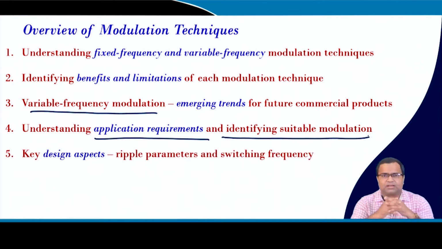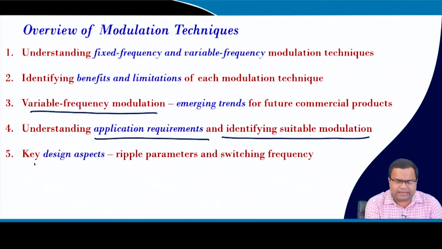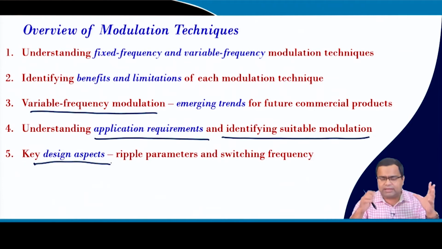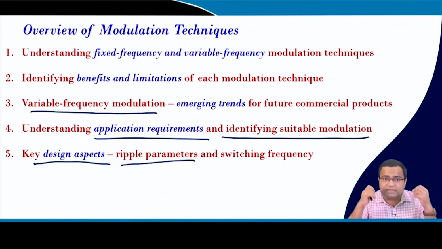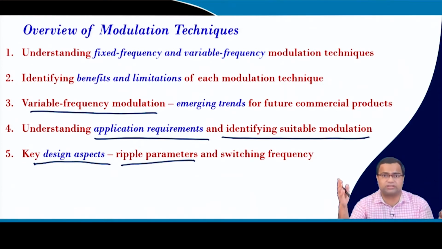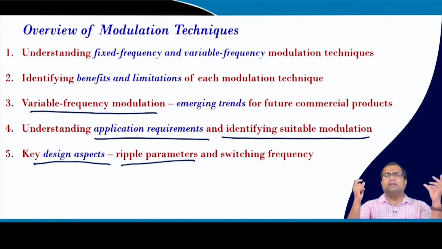Then we also learned some key design aspects. When we select one modulation technique, our next question is how to design the power stage, because we need to take care of the ripple, which is directly related to our ripple specification as well as conduction loss. We cannot have a very large ripple, because then our conduction loss will increase or it may violate the ripple constraint.